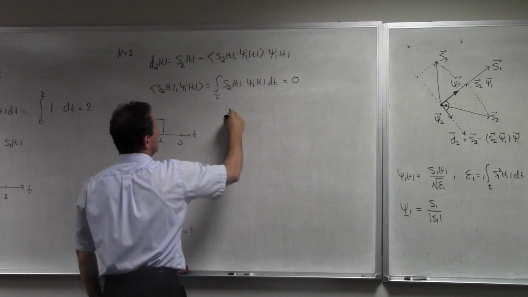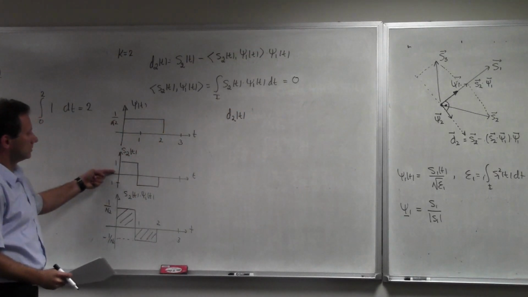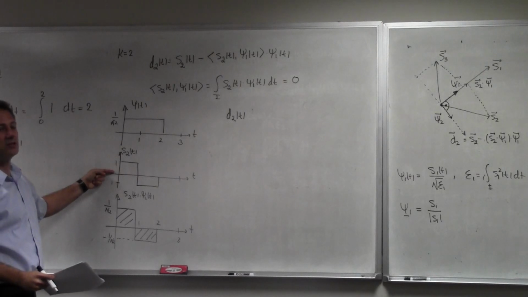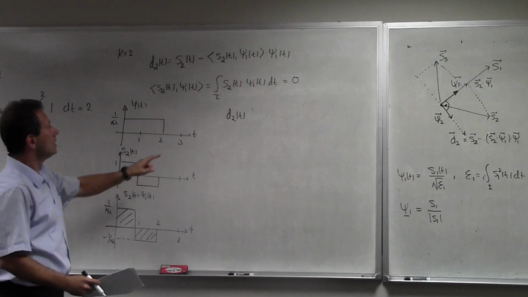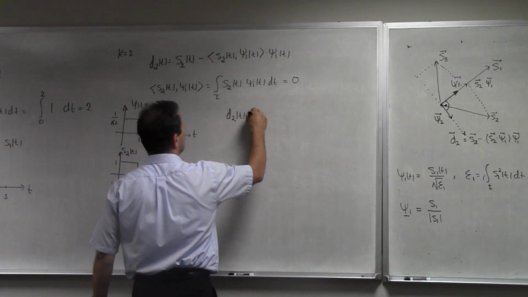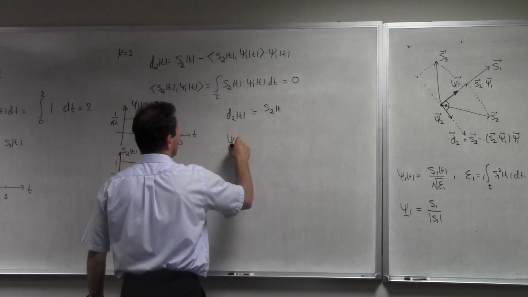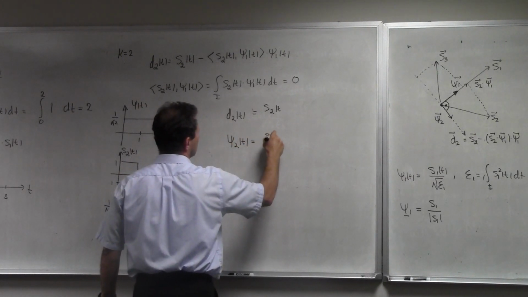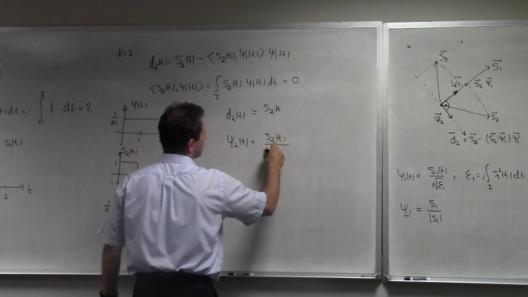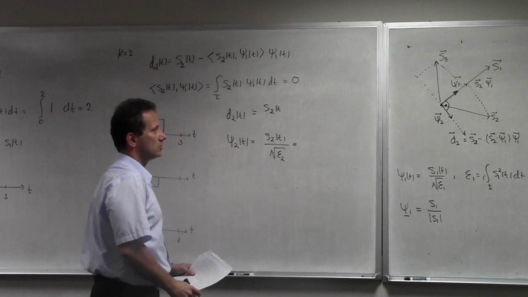So d2 of t, what can you tell me about these two signals? If their dot product is equal to 0, they're orthogonal on this interval, right? d2 of t is therefore equal to S2 of t, and my psi 2 of t is going to be S2 of t divided by the square root of the energy epsilon of S2 of t.